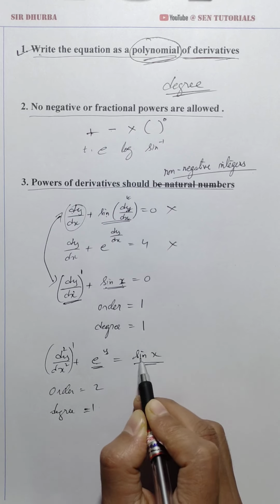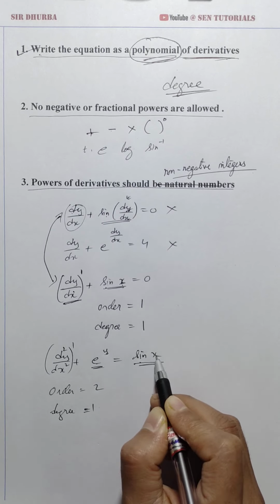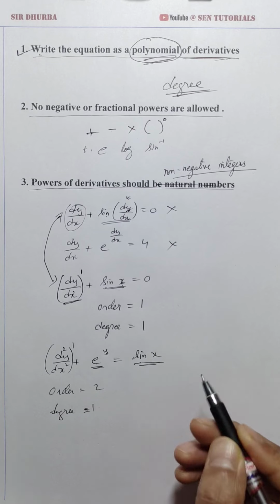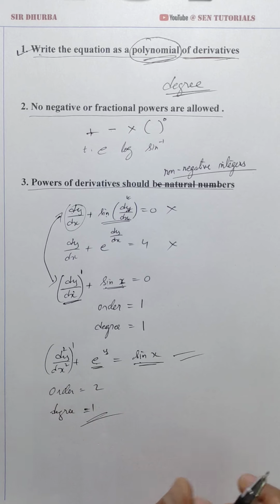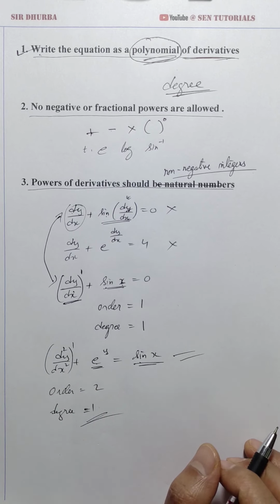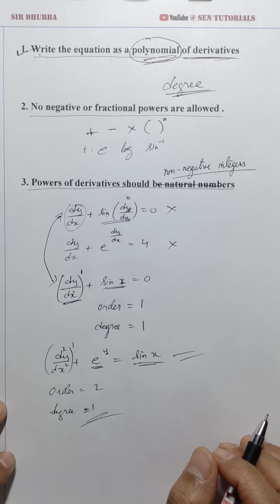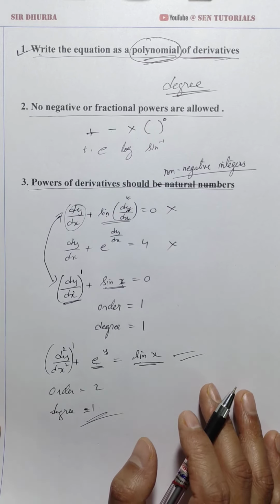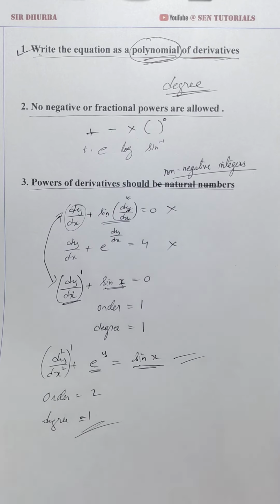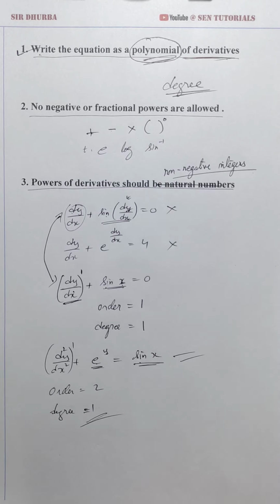Here also a sine trigonometric function, is it applied on the differential? No, it's applied on the variable only. So this is defined. So degree will be there, 1. Are you clear with the concept? I hope so. I believe that I have been able to clarify your concept.